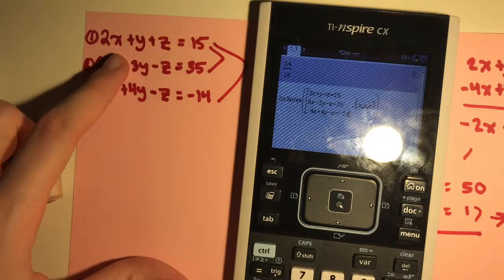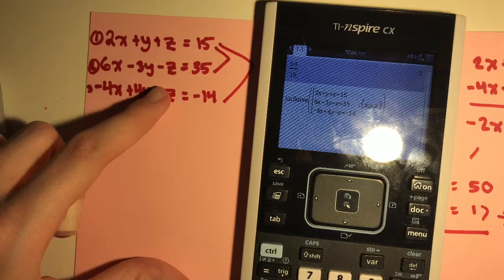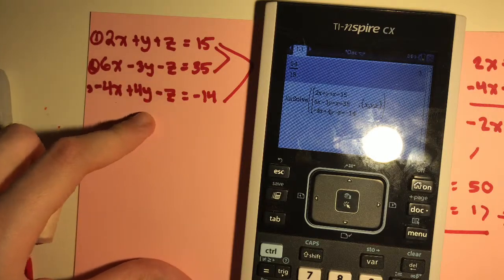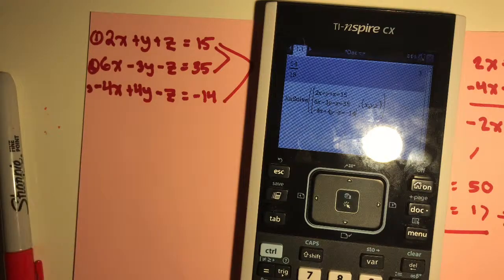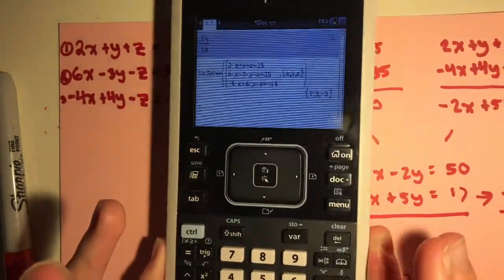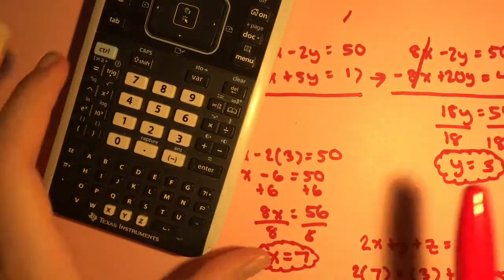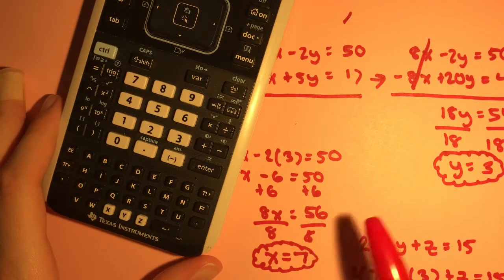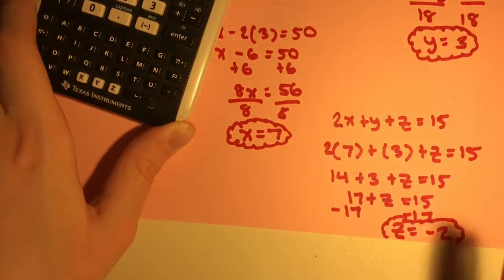Quickly make sure that you transcribe this correctly. Okay, click enter, and we are given 7, 3, and -2. Okay, did x equal 7? Yes, x equals 7. Does y equal 3? Yes, and z equals -2? Right over here.